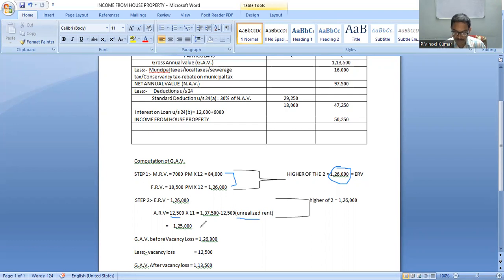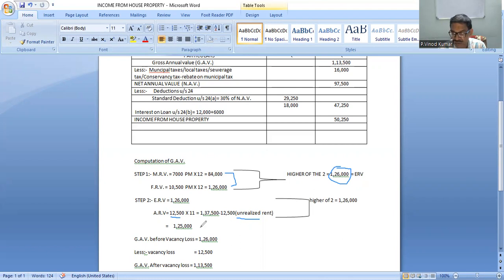Once again repeating, you have to calculate for 11 months rent. Per month rent is given 12,500. You have to multiply by 11 months, because in a year, 1 month is vacant and 1 month he has not paid the rent. First calculate 11 months rent. The 11 months rent includes unrealized rent.